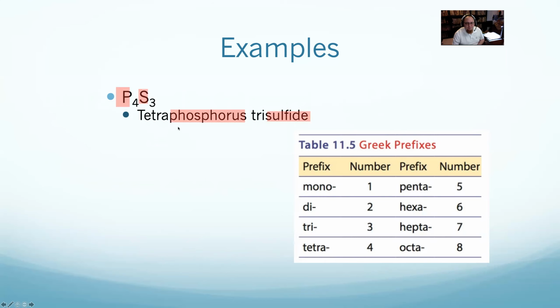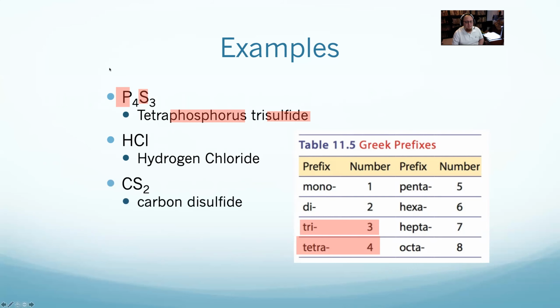And then I just say 4 phosphoruses, 4 is tetra, 3 sulfurs, tri is 3. HCl, hydrogen chloride. No one has any subscripts, so I don't need any prefixes, and chlorine becomes chloride. CS2, carbon disulfide. IF7, iodine heptafluoride.